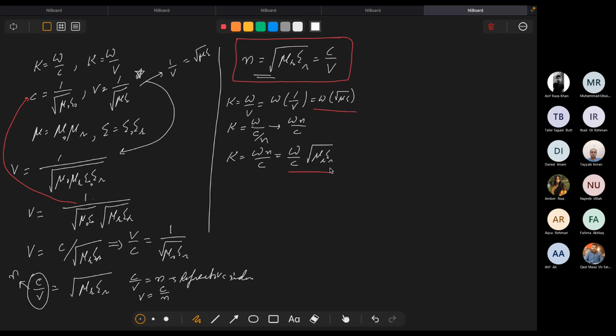Then we can say that k naught is basically the wave number or propagation vector in free space. ठीक है, नॉट हमने साथ लगा लिया, इट मींस इन द फ्री स्पेस.